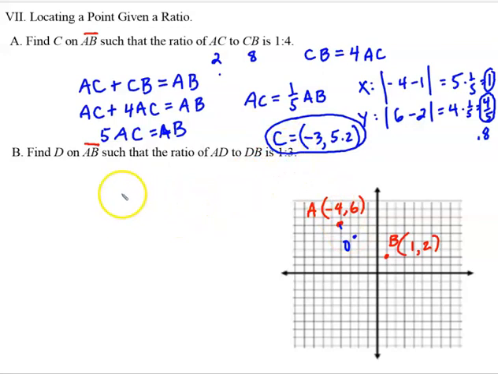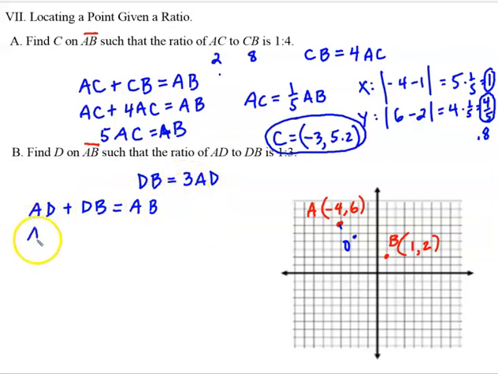Okay, so we could set it up like this. DB is equal to 3 times AD. And going back to our original equation, AD plus DB is equal to AB.